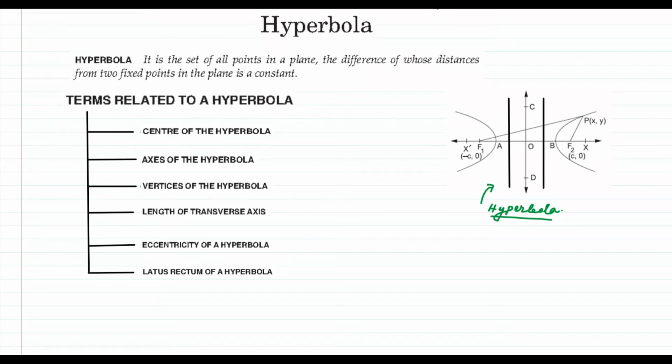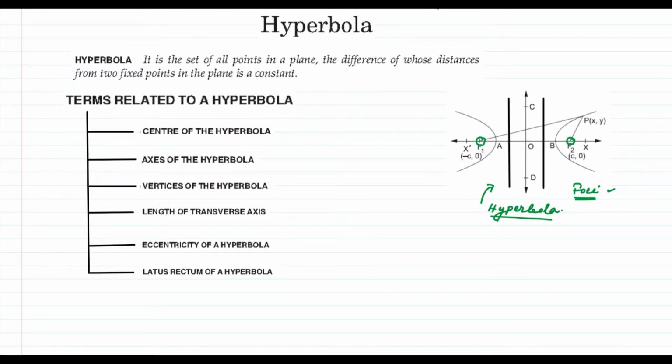Now see two points F1 and F2. These are fixed points which are called foci, that we have learned in the discussion of ellipse.